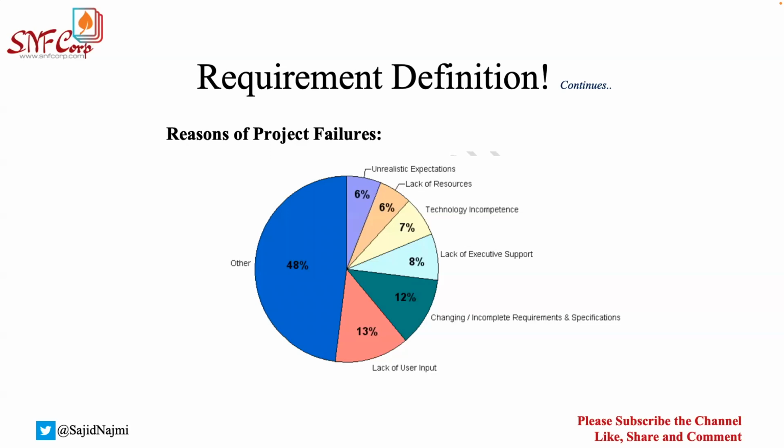Technology incompetence. As I said, probably my company has the old Visual Basic kind of development model, the technology, but the market is evolving. Now we need the programs to be written in Java so that they can work on any platform. But my company doesn't have Java competencies. So what will happen?